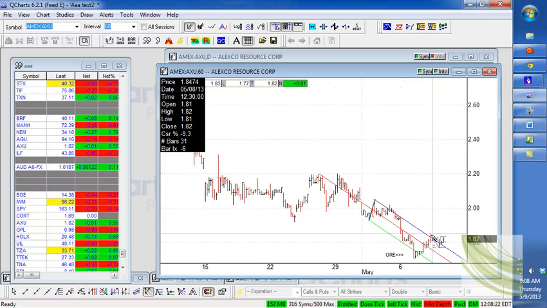Okay, but what I do is I'll wait a little bit after that, so I'll wait for a pullback. This morning prices did a nice little pullback, and so I wound up buying down here. So, let's go over it once again. The three primary methods of an entry after an OR signal: you can enter at or near the line where the OR comes in.